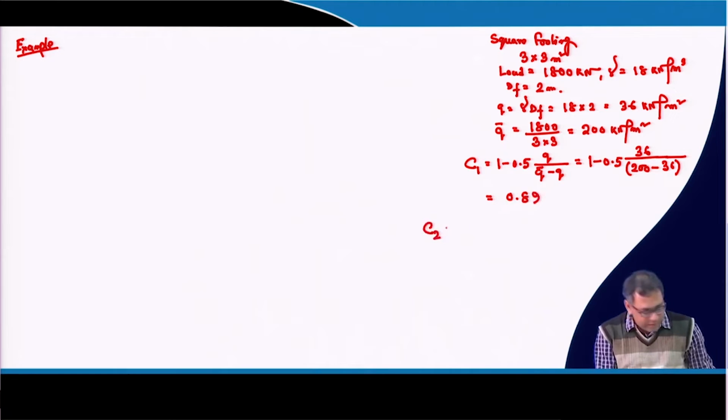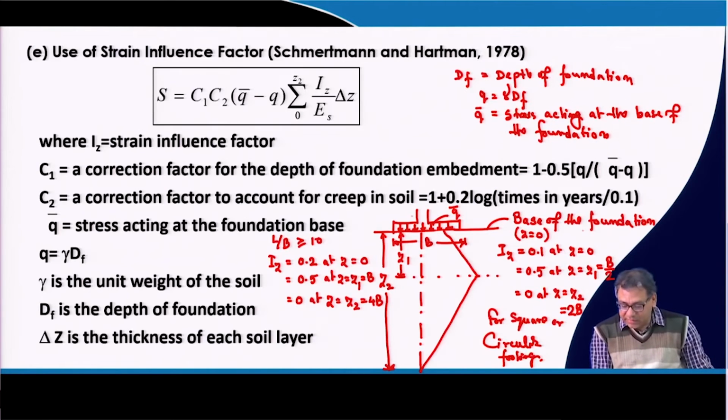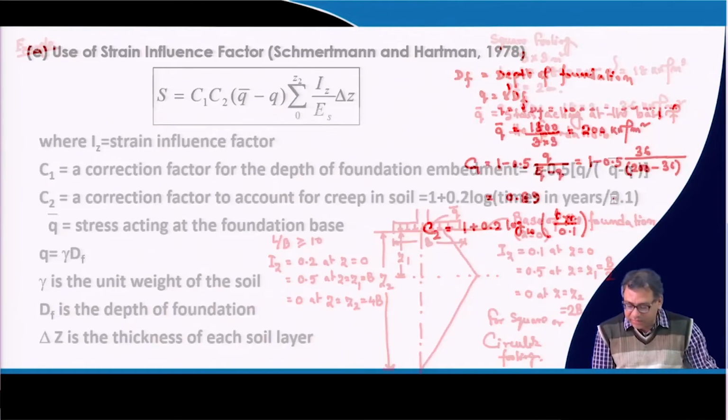Similarly, the C2 value, the expression is given, that is due to the creep of the soil: 1 plus 0.2 log 10 of t in years divided by 0.1.